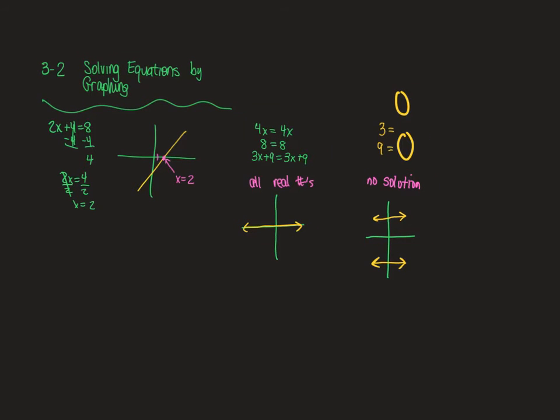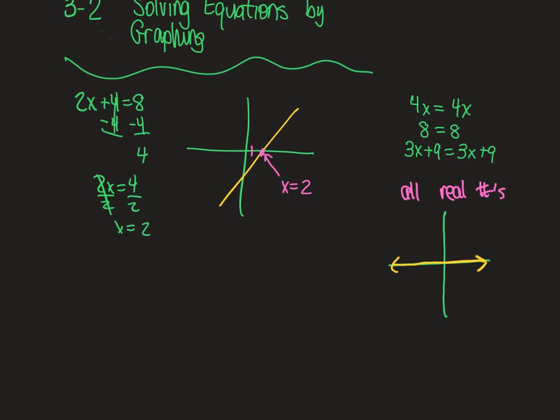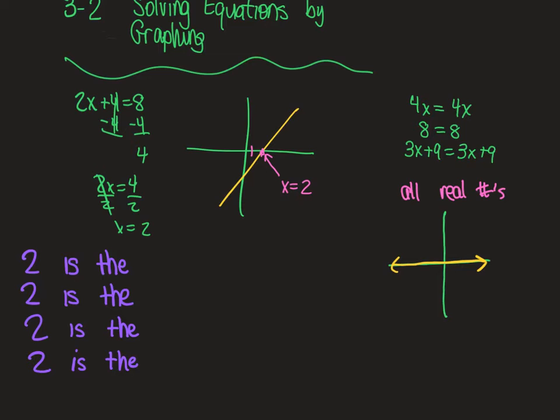All right, let's go back to this first picture. So we said that this spot right here is the answer. Well, we actually can say 4 things about that location. We can say that 2, that location of 2, is the solution, which just means answer.